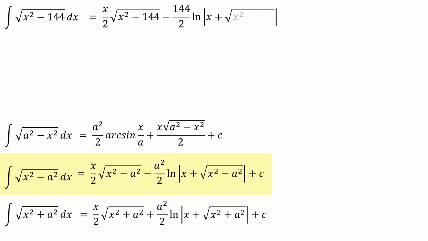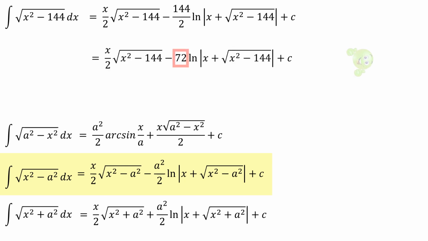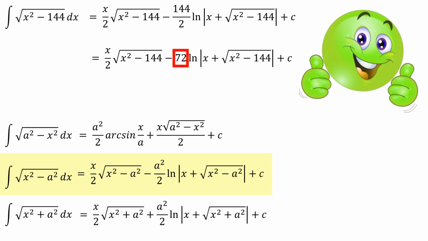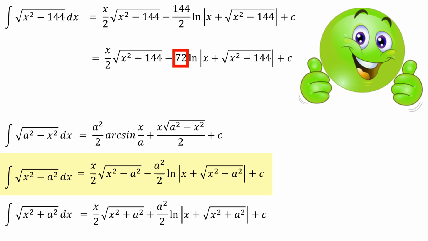The square root will sit there. The x squared will sit there. And then instead of minus a squared, I put the minus 144. Of course, before I do my little celebration, I've got to remember that plus c. It's an indefinite integral, so I've got to have the plus c. And there's a little tiny bit of simplification I can do: 144 divided by 2 is 72. But that's the only simplification we can handle.